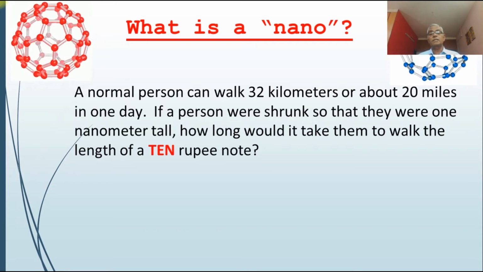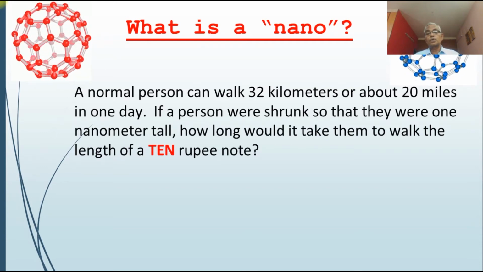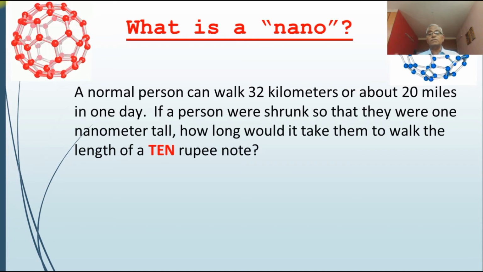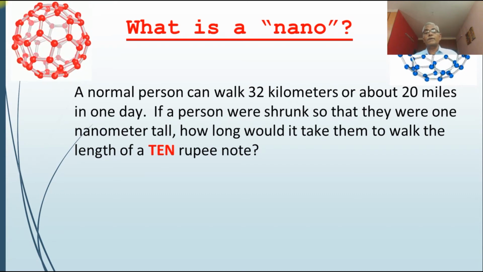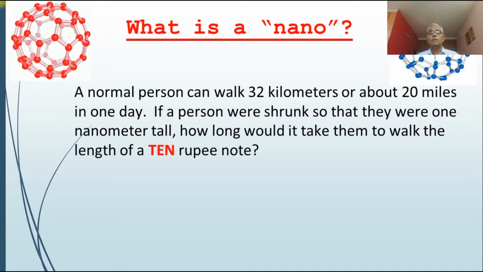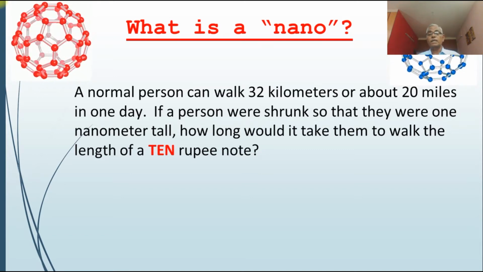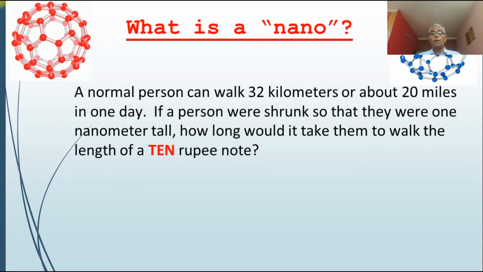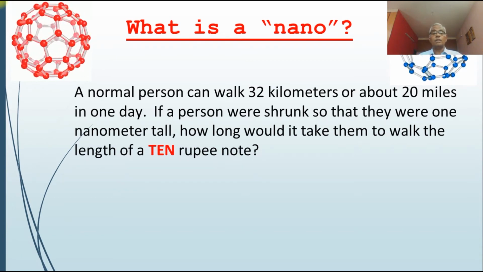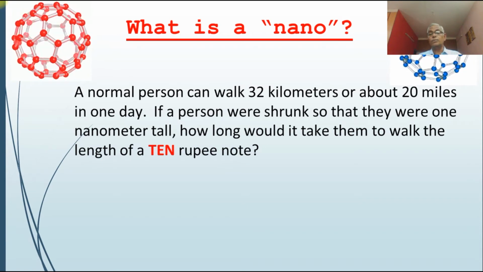If a person were shrunk to the size of 1 nanometer tall, where normally we can consider a person 5 feet 5 inches or 6 feet, how long would it take them to walk the length of a 10 rupees note?